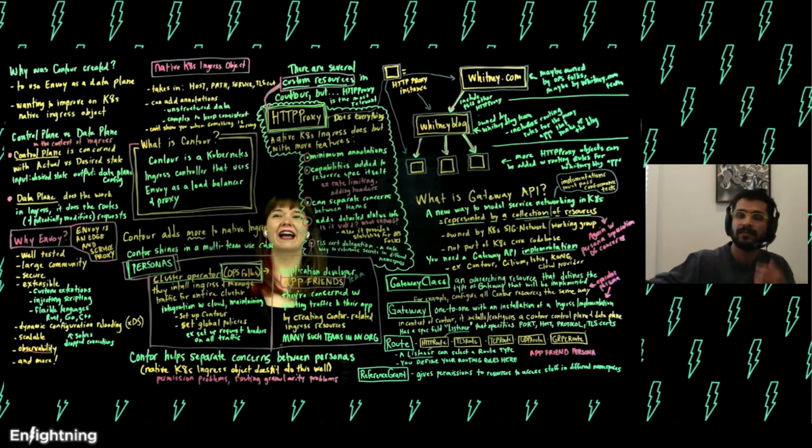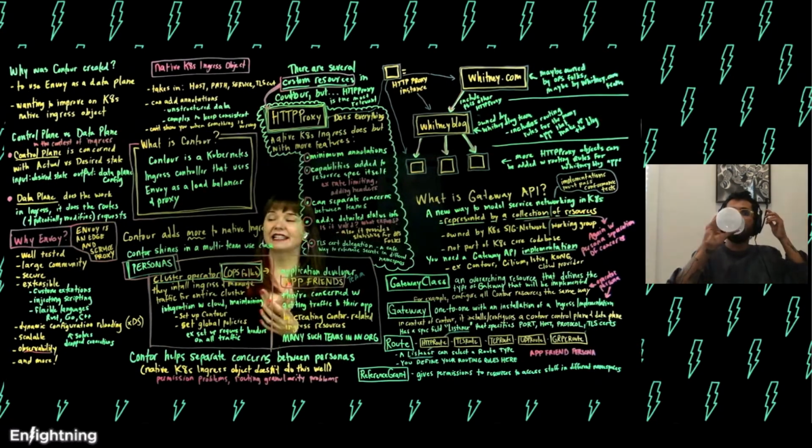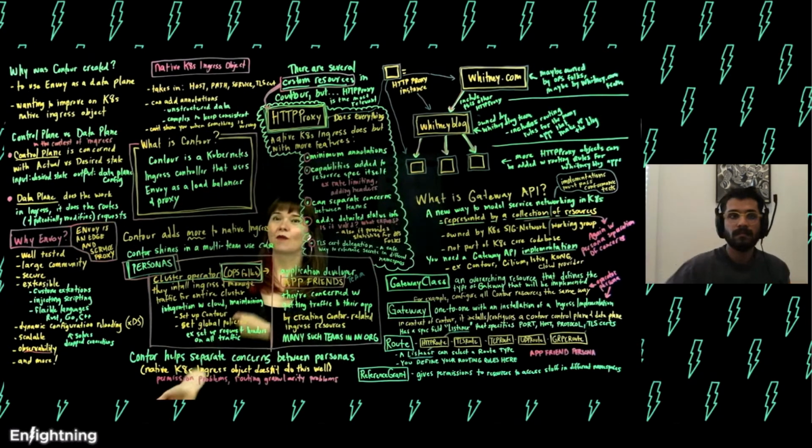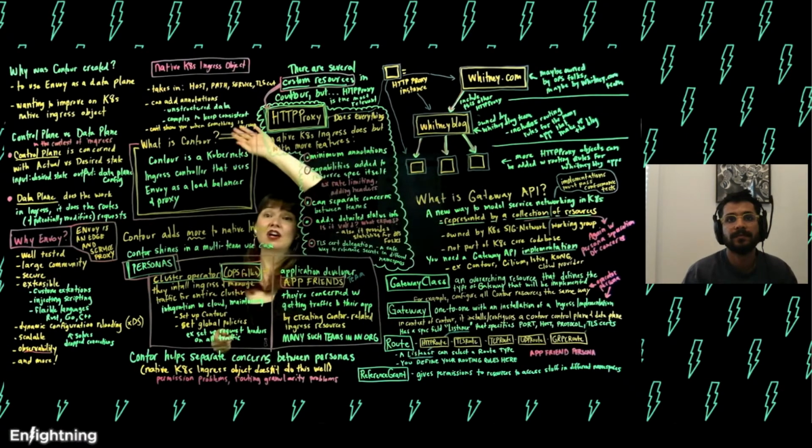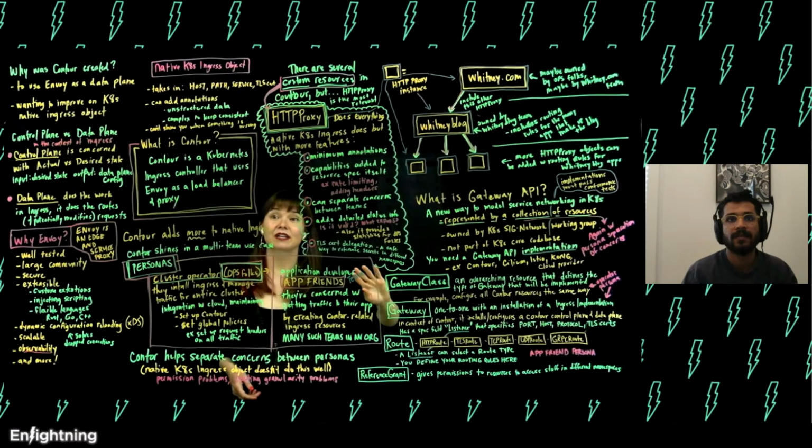So then why Envoy? Envoy is the one big thing that makes Contour alluring. Even if you already have an infrastructure totally built on native Kubernetes Ingress objects and you have no intention of switching to the upgraded HTTPProxy object that Contour offers, you still may want to use Contour just because of the Envoy capability. Envoy is an edge and service proxy.